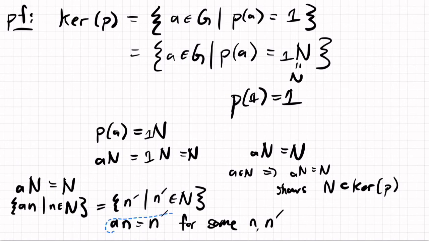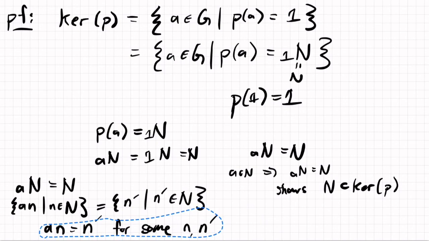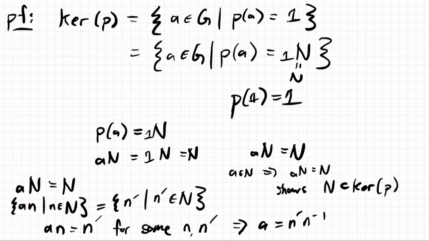And what that's going to tell me, if I move this over so I have some space, is I can multiply, so that means that A is going to be equal to n prime times n inverse.